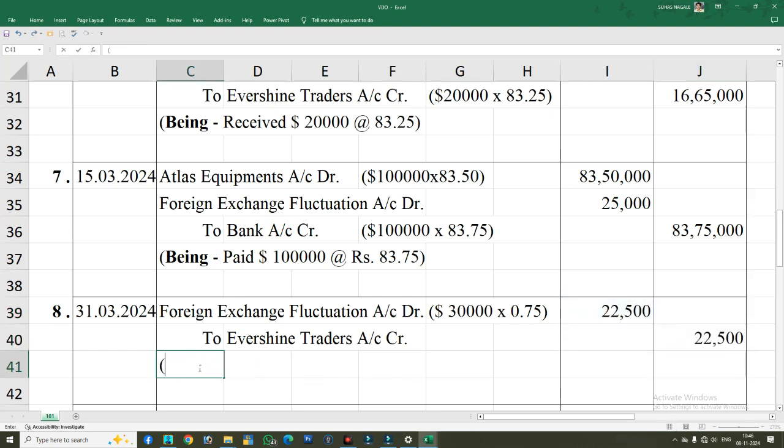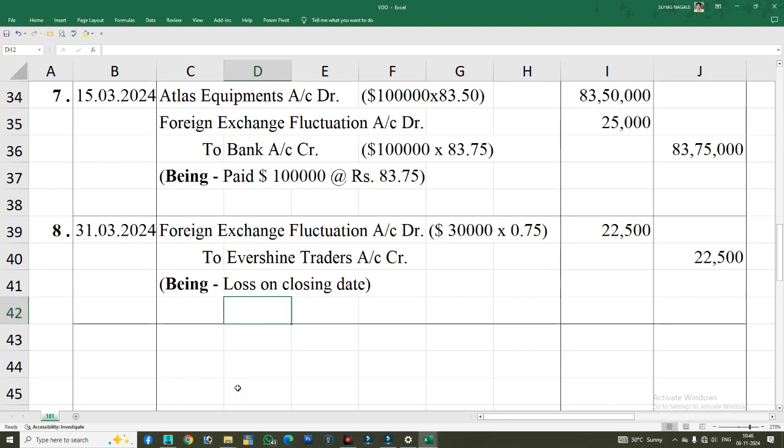Write the narration: being loss on closing date. This is the entry of loss, we can say the outstanding entry as per Accounting Standard 11.